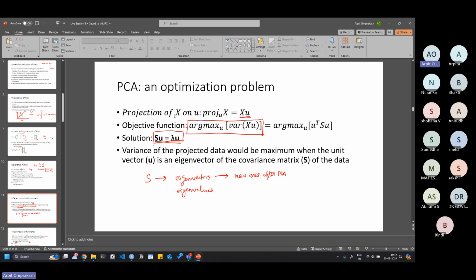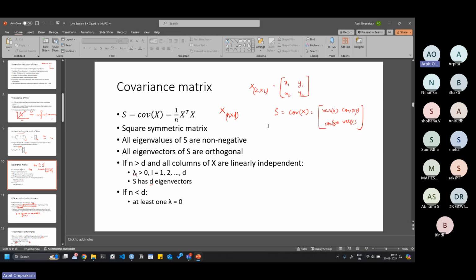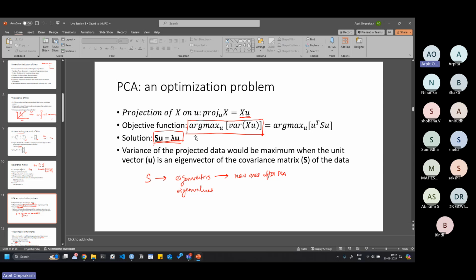So basically, PCA is projecting X onto another unit vector U such that we maximize the variance. The objective function is maximizing the variance of XU by varying the value of U. If you do some mathematics, you can show that the variance of XU is given as U transpose S U, where S is the covariance matrix of X. The solution to this optimization problem will be SU = lambda U, where U is an eigenvector of the covariance matrix and lambda is the corresponding eigenvalue.